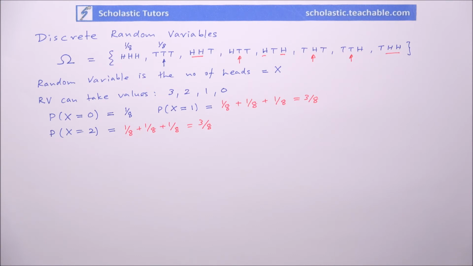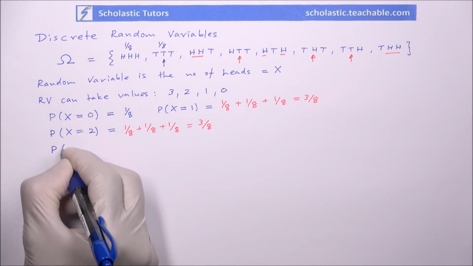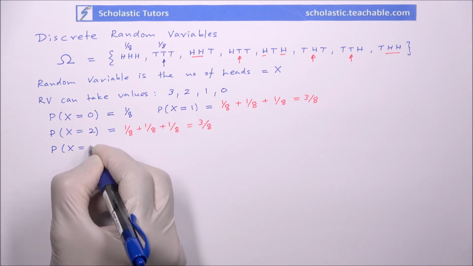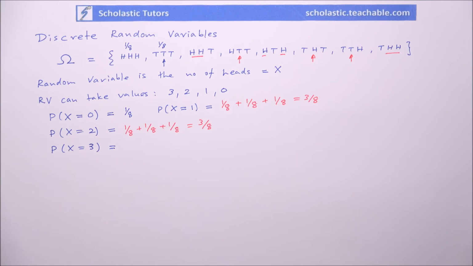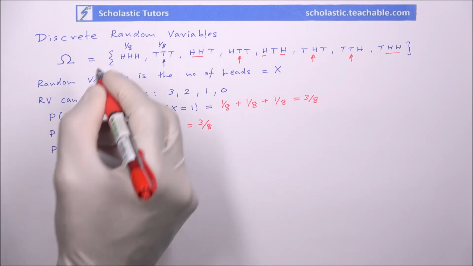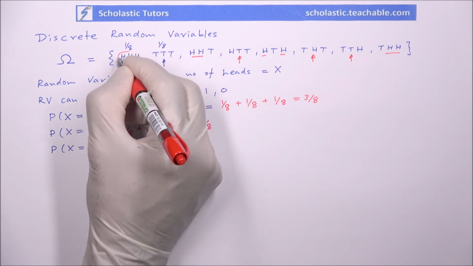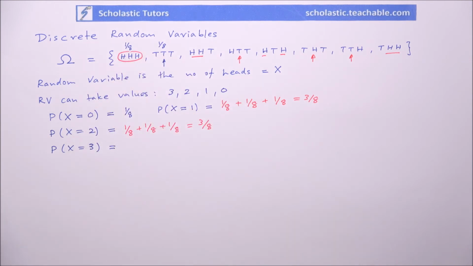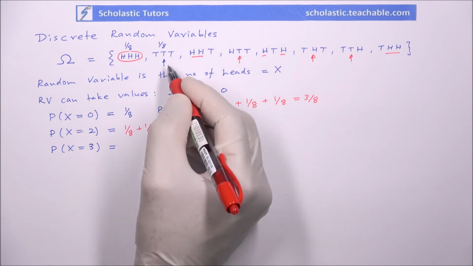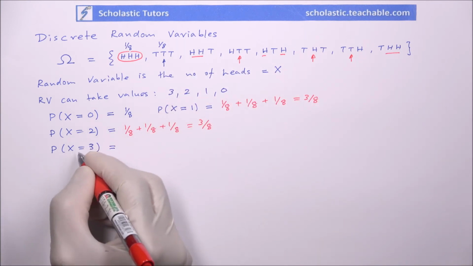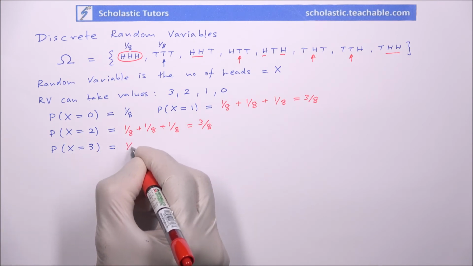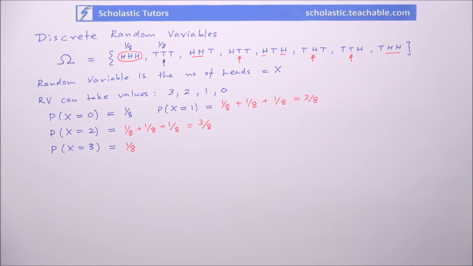The last option is the probability of random variable equal to 3. If you look at the sample space, we can see only one possibility, all heads. The others can't give 3 heads. So the probability of x taking value 3 is 1 over 8.